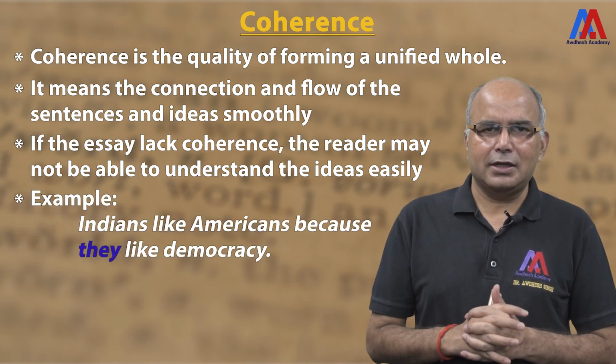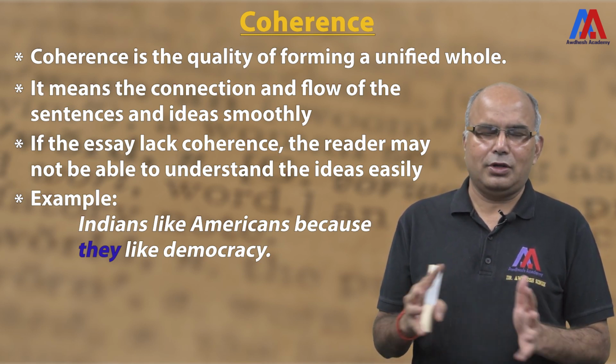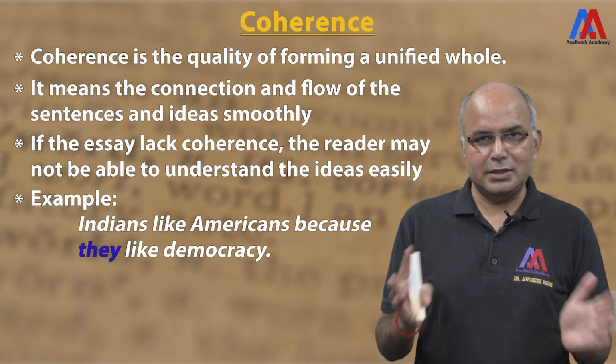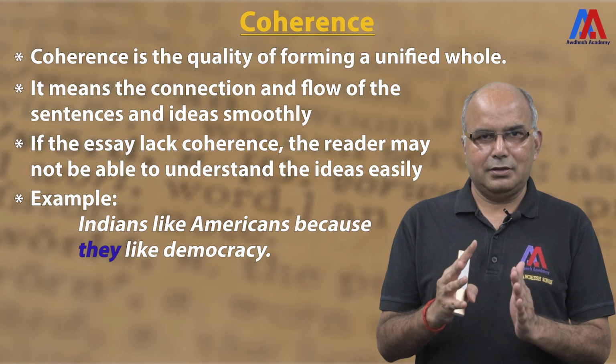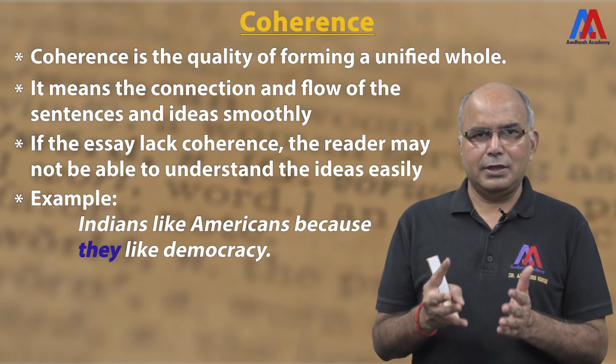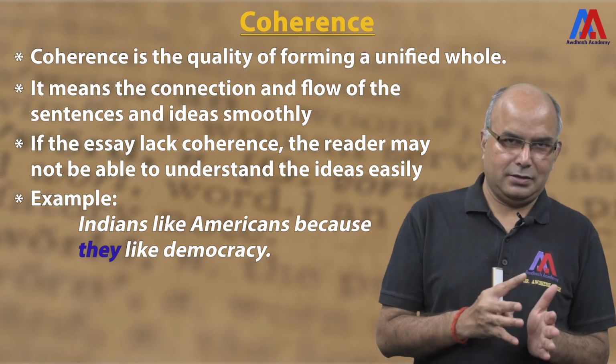For example, if we take a sentence, Indians like Americans because they like democracy. Now this is a particular sentence where the word they, which we have used, is a little confusing. Because we don't know whether they indicates Indians or they indicates Americans.